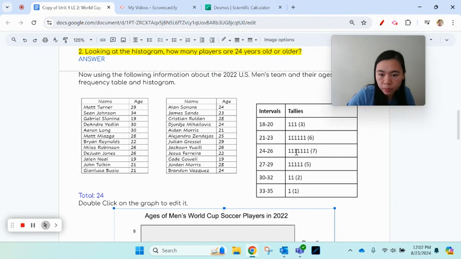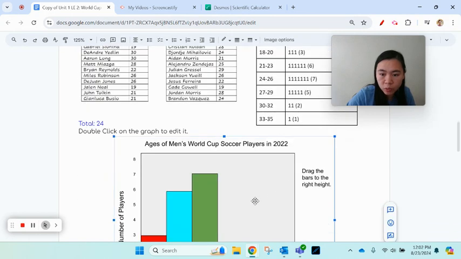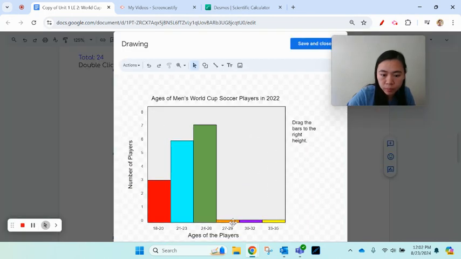Okay, let me see what else. 3, 6, 7. 5, 2, and 1. 5 players are between 27 and 29. 2 players are 30 to 32, and then 1 player is between 33 and 35.